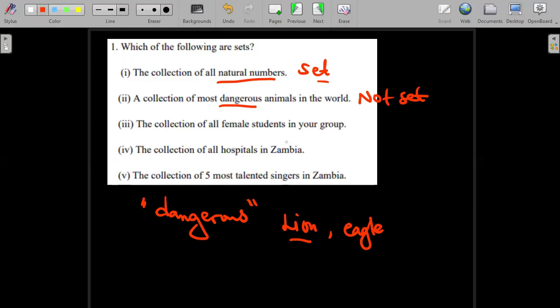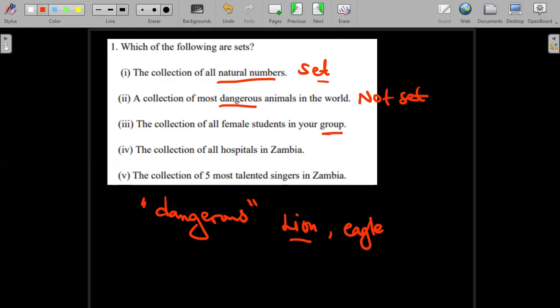If you are talking of a group of friends, you have different types of friends: friends you have at home, friends you have in school. So it cannot be that clear which females you are talking about. But in this case, where we're looking at a mathematical point of view, when they say a collection of all female students in your group, the group itself that they'll be talking about will be well defined.